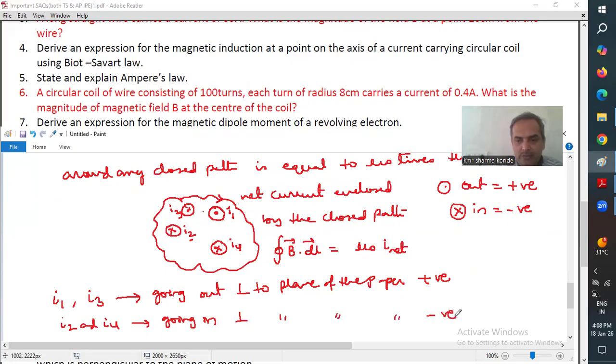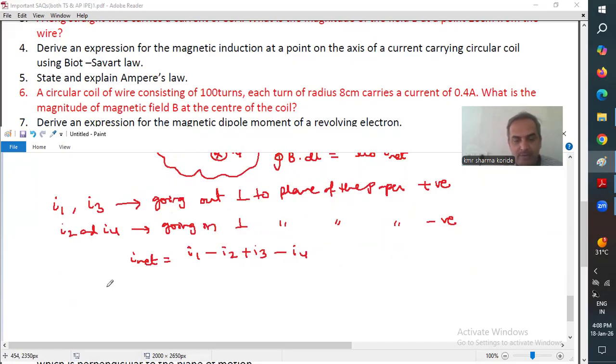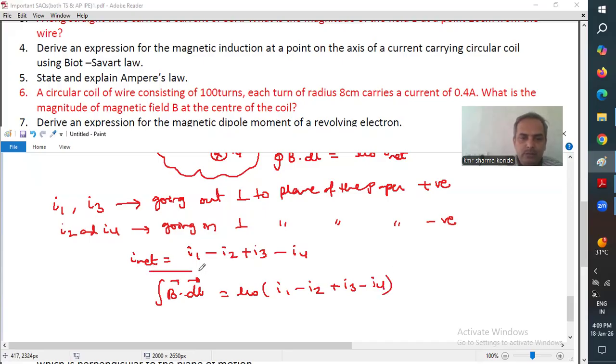So you take them as negative. So what is the net current? Both I2 and I4 are negative, I1 and I3 are positive. So therefore this is called the net current. So you can write the statement as B dot dl is equal to mu naught into I1 minus I2 plus I3 minus I4. So this is the desired answer.